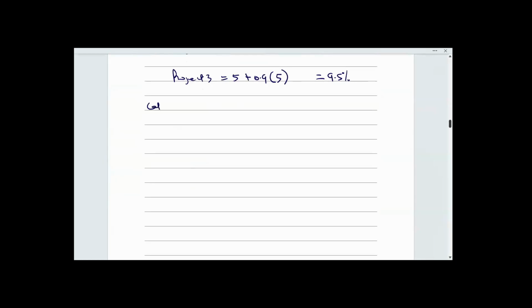So calculating present value for company X. Before that, let me give you the formula. Present value is equal to cash flow multiplied by discount factor. It's the same thing we did under capital budgeting: to get NPV, you multiply cash flow with discount factor.